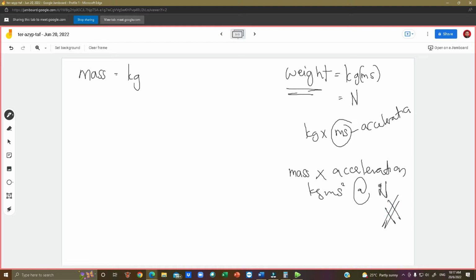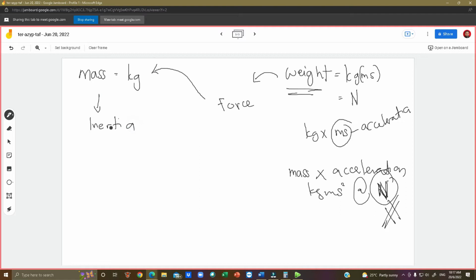Jadi, when you see weight and the unit is in Newton, means that weight is also a form of force. Okay. And this form of force is needed in order to move mass. Why we need to move mass? Because of concept of inertia.